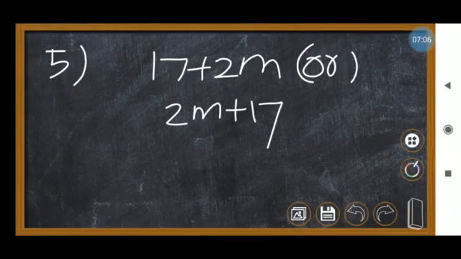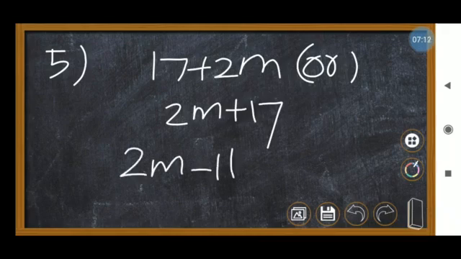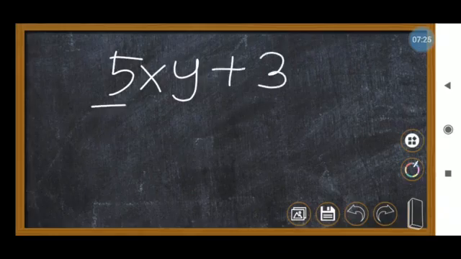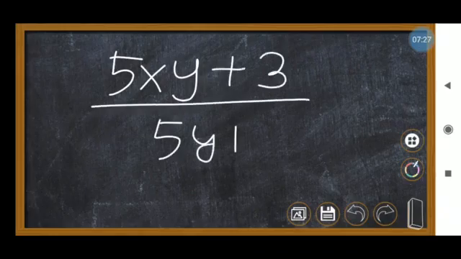Next, problem b, 11 is subtracted from 2m means 2m minus 11. And problem c, 5 times y to which 3 is added means 5y plus 3.